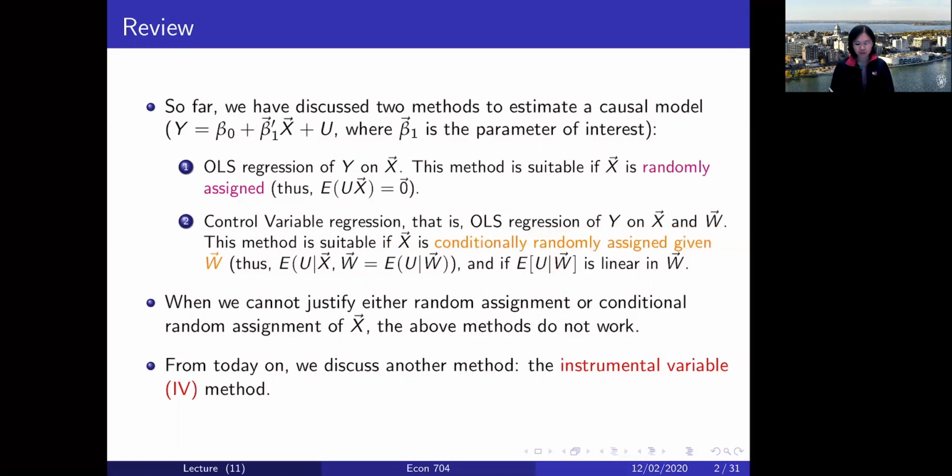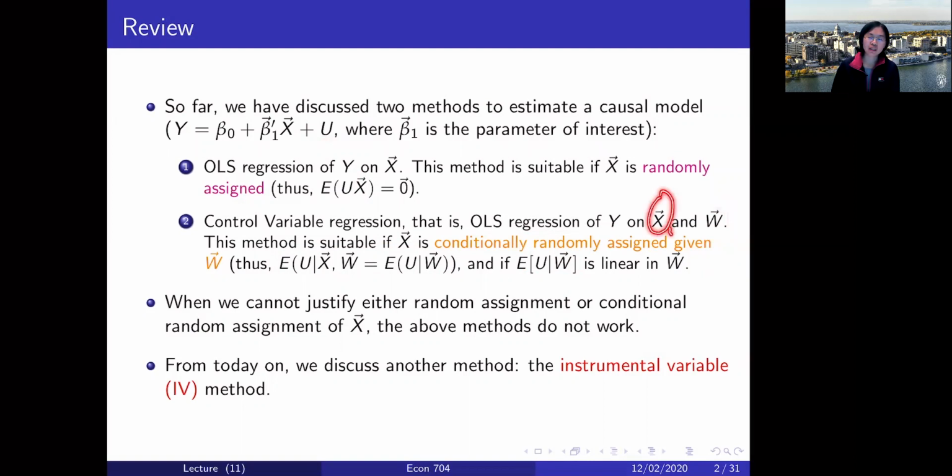And this control variable approach can be justified in some randomized control trials when the treatment is not completely randomly assigned, but assigned according to some observables. And more often, it is justified in non-experimental data when you can tell a story about how X is generated.